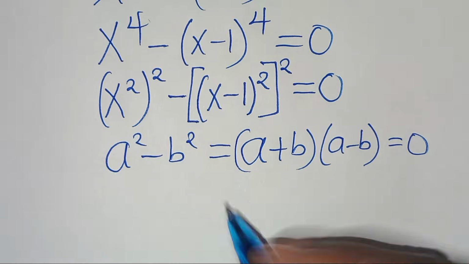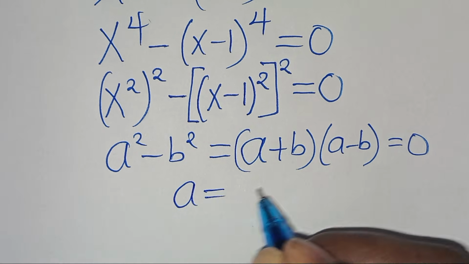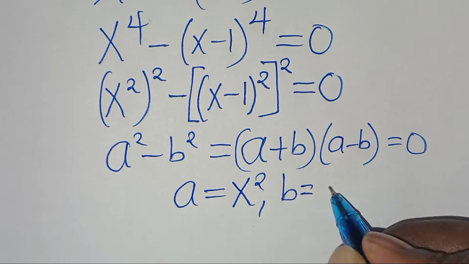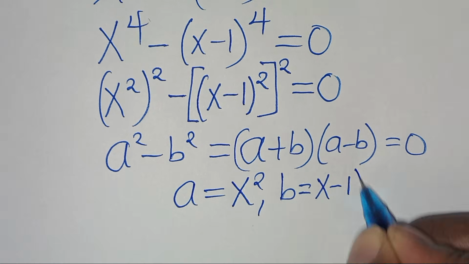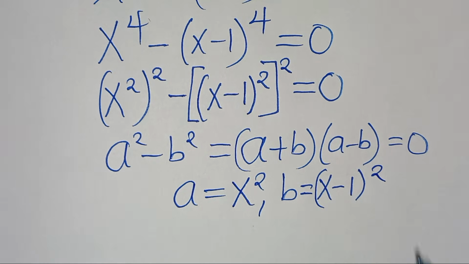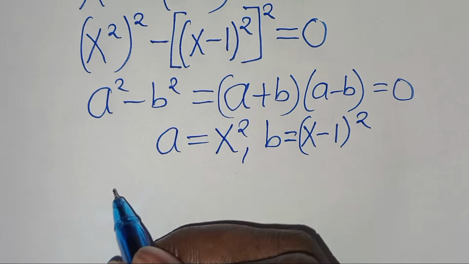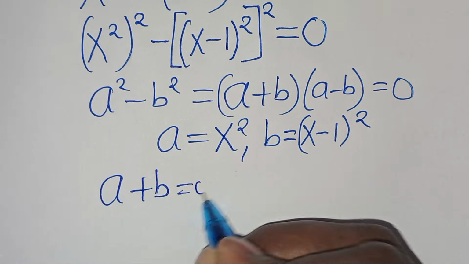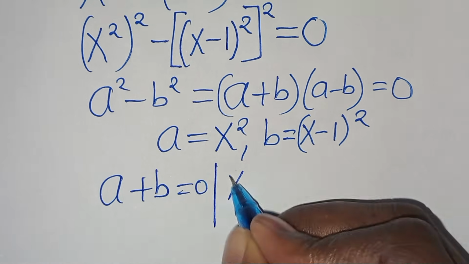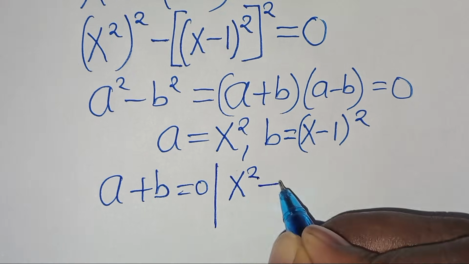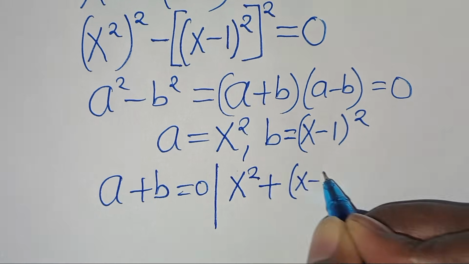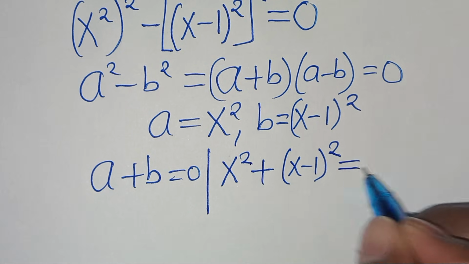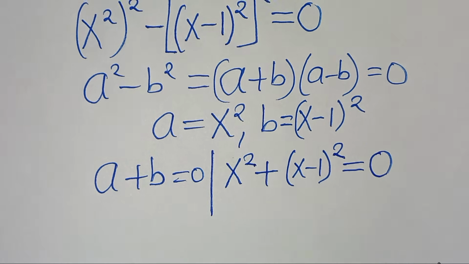From this equation, we have that a is equal to x squared, b is equal to (x minus 1) raised to the power of 2. So a plus b equal to 0 is the same thing as x squared plus (x minus 1) to the power of 2 equal to 0.